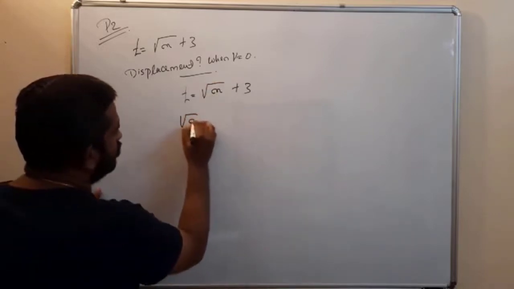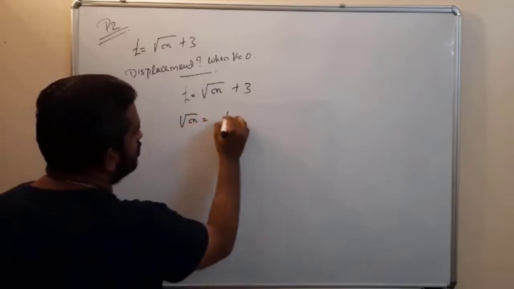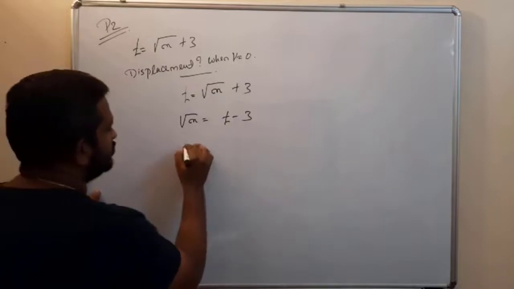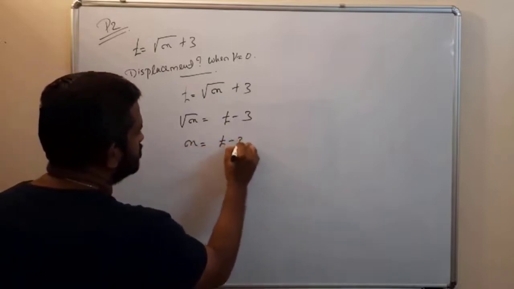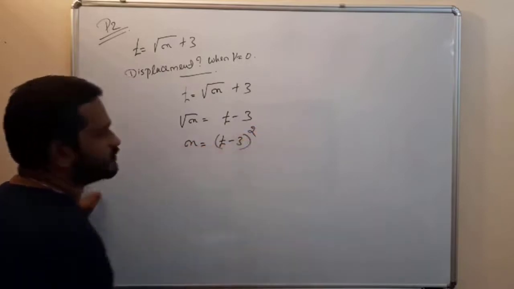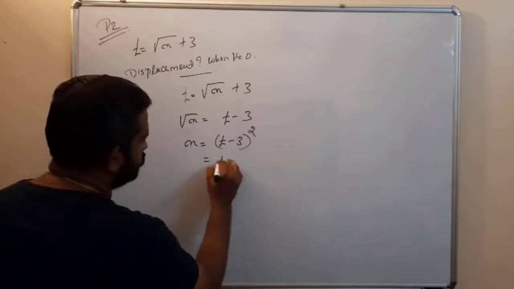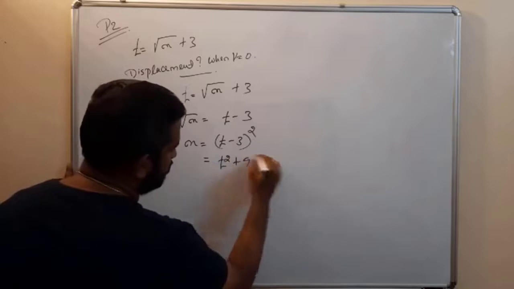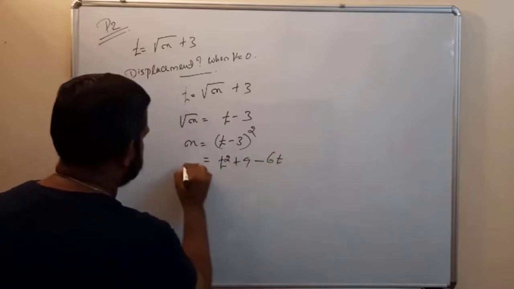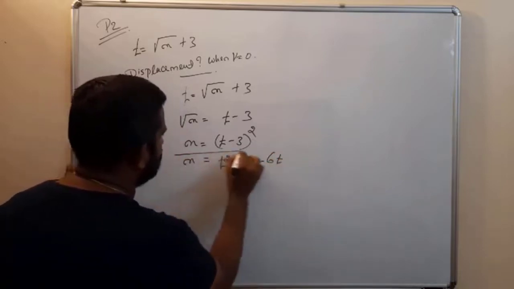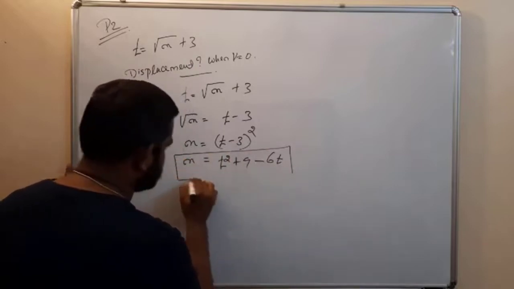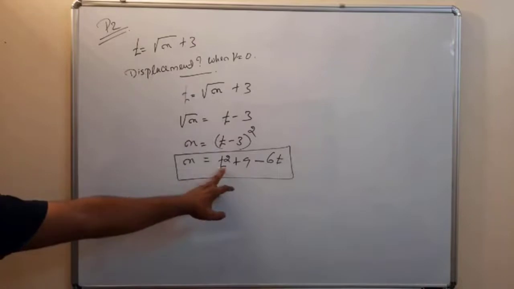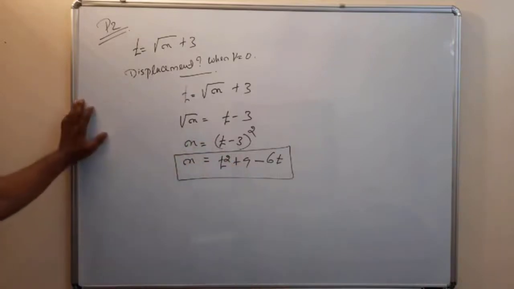So √x is equal to t minus 3. Squaring on both sides, x is equal to (t − 3)². So that's equal to t² + 9 − 6t. This is the displacement as a function of time.